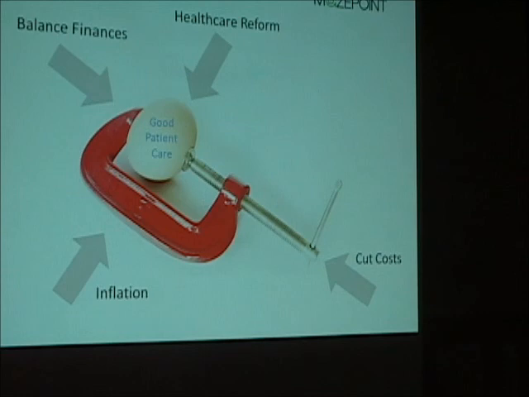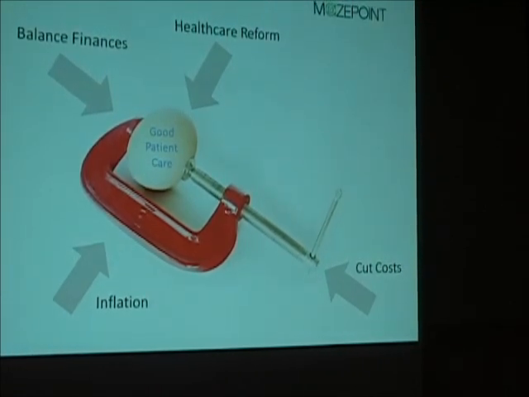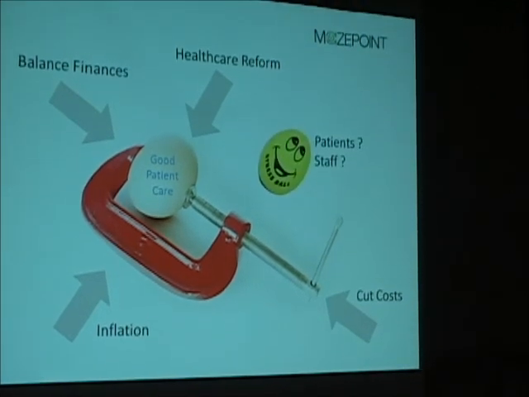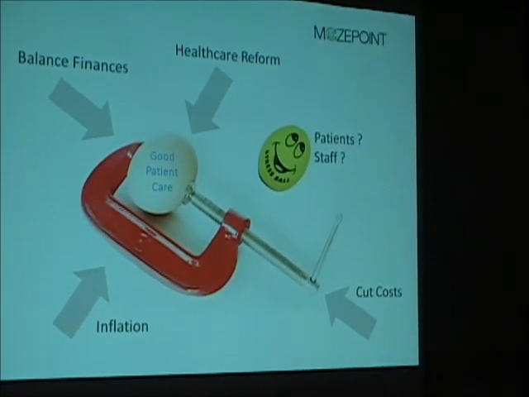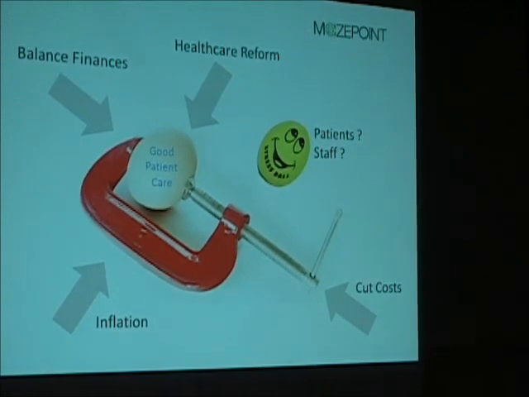So effectively, it is helping them balance this very difficult task of budgeting in this very tough environment. And I think they feel they're hopefully keeping both patients and staff out of the stress points of the process and continuing to deliver good patient care.